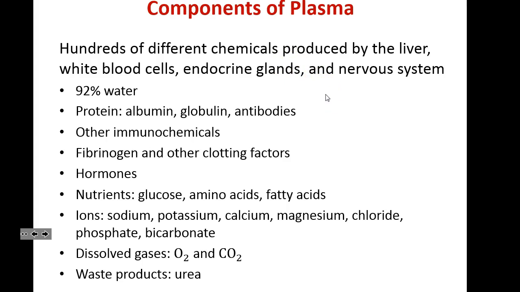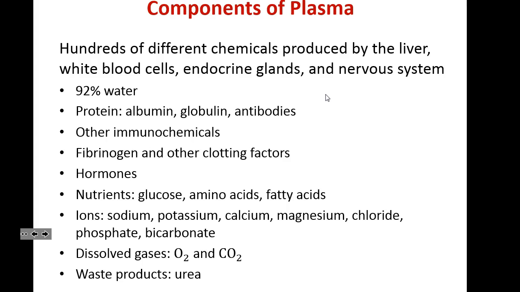Components of plasma. It's 92% water. It has protein, albumin, globulin, and antibodies. There are other immunochemicals in plasma. Fibrinogen and other clotting factors. Hormones, nutrients such as glucose, amino acids, and fatty acids, ions like sodium, potassium, calcium, magnesium, chloride, phosphate, and bicarbonate.